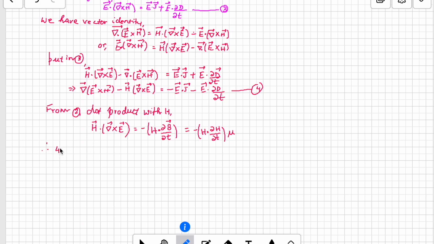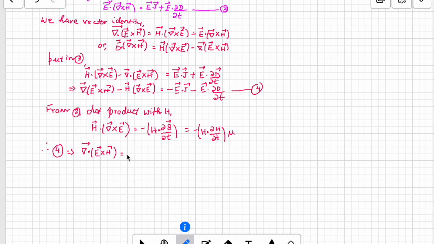Therefore we can say 4 implies, it's actually not a very long derivation. You have to just remember the steps, that's important. Dot product, sorry I missed out the dot here, don't miss the dots and the vector signs. E bar cross H bar, minus of this. If I readjust this, if I take this minus here, it will become plus, and then I will take it on the other side, so I'll have it as minus.